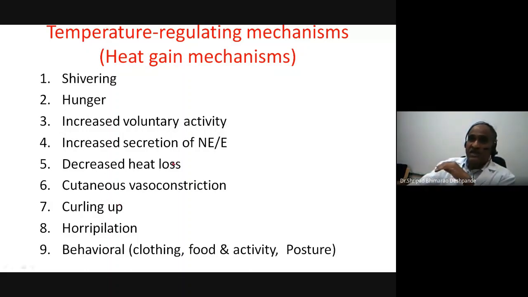That is associated with cutaneous vasoconstriction. If the blood vessels are vasoconstricted, sweating is not taking place, and that would produce the heat gain. Along with that, even the piloerector muscles are activated, causing horripilation, or goosebumps.